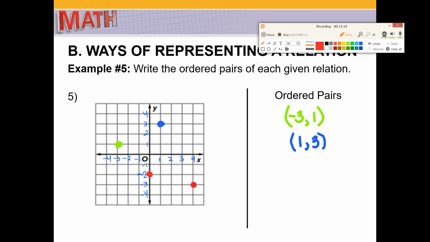So in the x-axis, that is at 0, and in the y-axis, it's at -2. So that point is 0, -2. And then the last point, we have this. In the x-axis, it's at 4, and in the y-axis, it's at -3. So the ordered pair for that is 4, -3. And this would be your ordered pairs for this given graph.